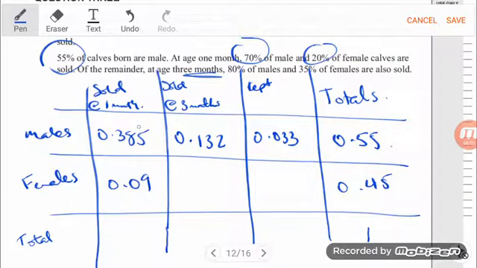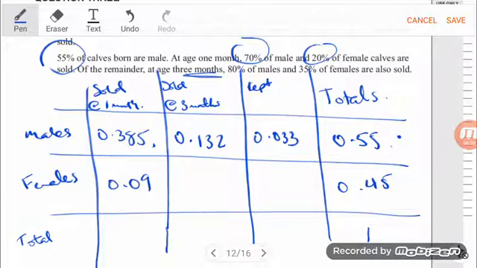Okay, because the entire lot along here needs to add up. Or, if you wanted to do it the slightly longer way, you would say the 55% or the 0.55 minus the one sold at the 1 month mark, and then multiply it by what would be left, so that would be 0.2.